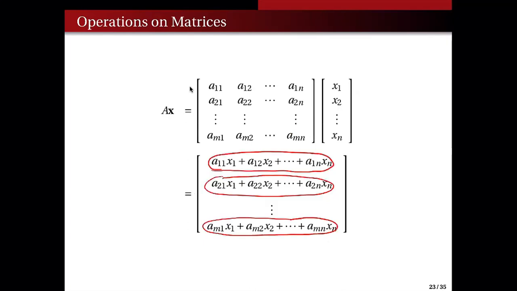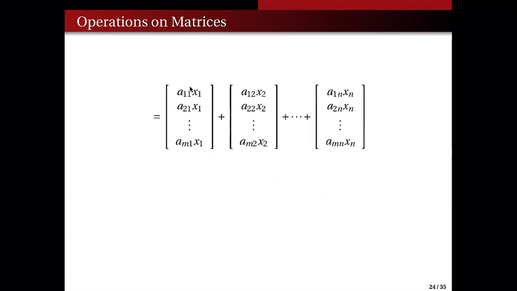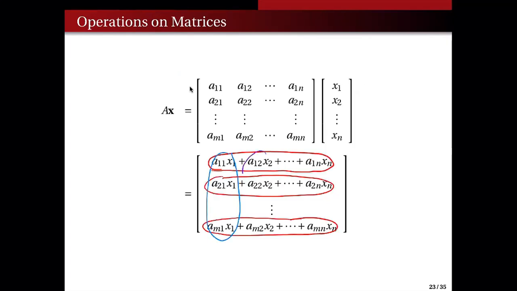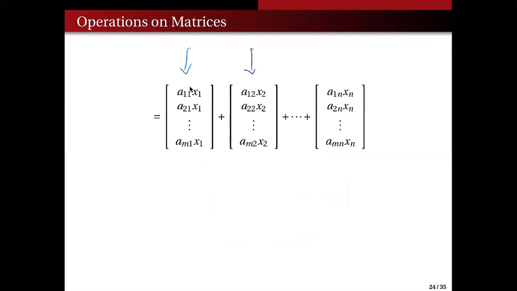And then the next one is this, etc. But you have x1 on this entry, x1 on this entry, x1 on this entry, so you can bring it out by scalar multiplication.